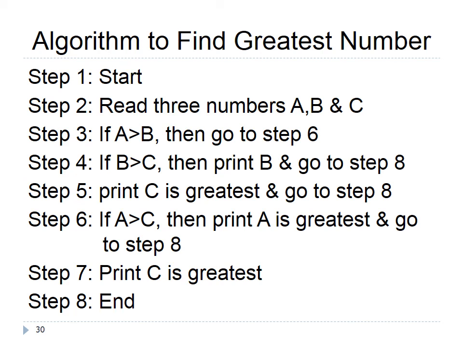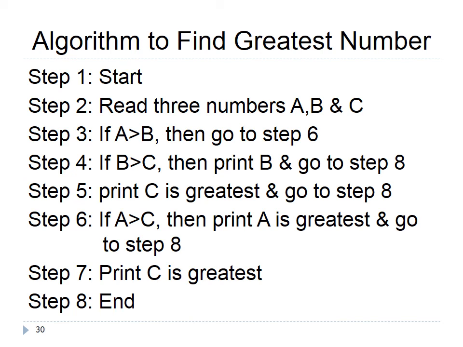If this condition is false, go to step 4. In step 4, check if B is greater than C, then print B and go to step 8. If this condition is also false, go to step 5. Step 5: Print C is the greatest and go to step 8.